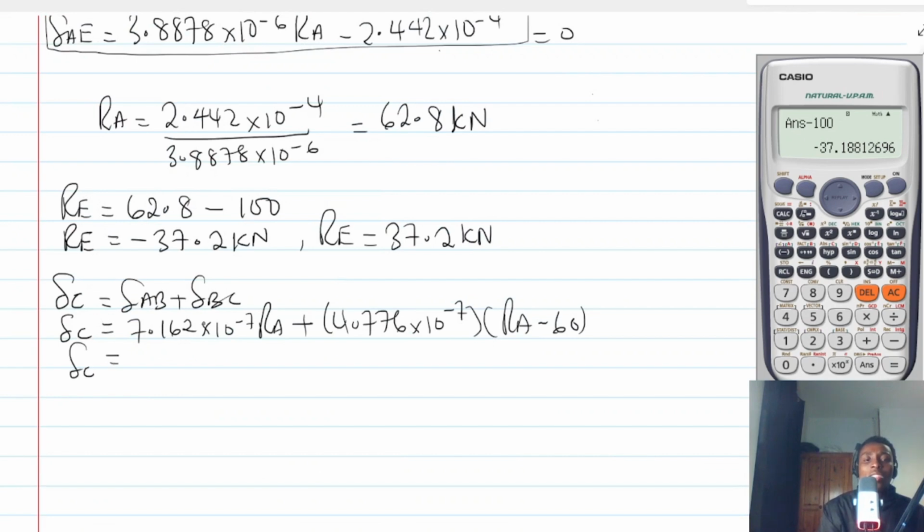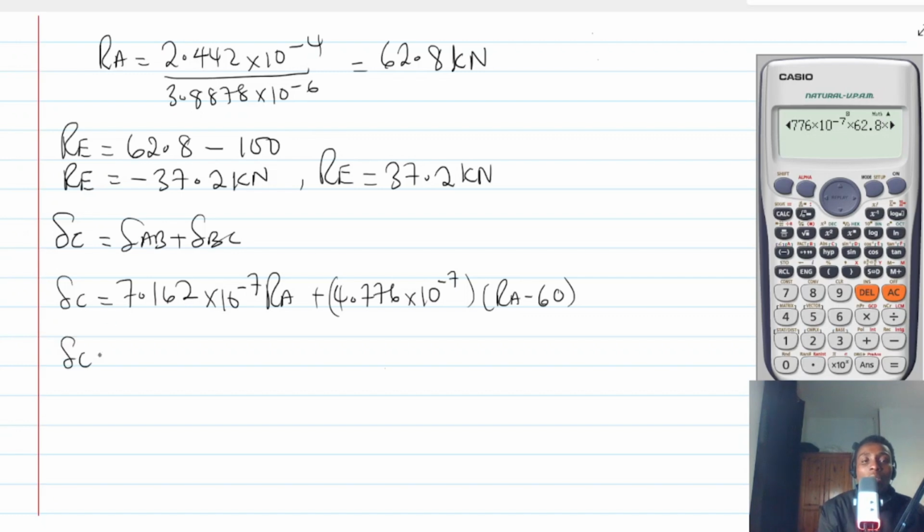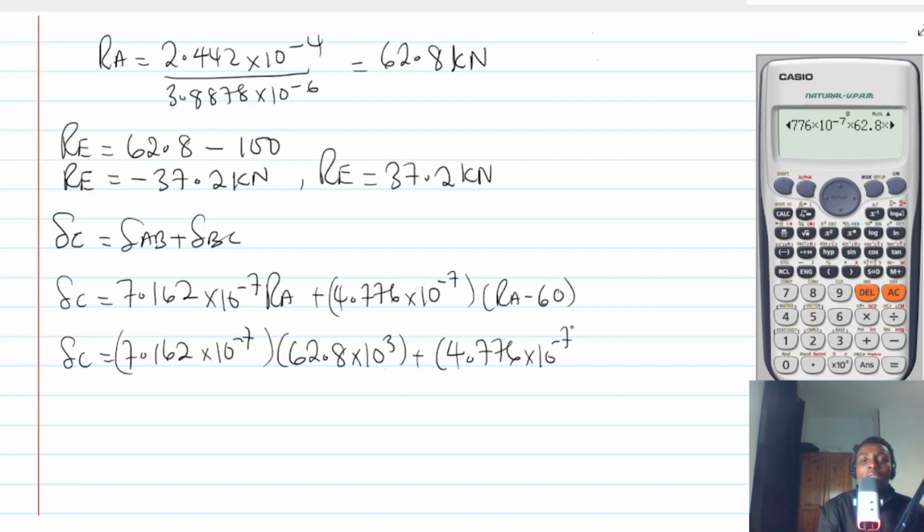If you put everything inside, let's put in the values. 7.162 times 10 to the power minus 7 multiplied by RA, which is 62.8 kilonewtons, times 10 to the power 3, plus 4.776 times 10 to the power minus 7 times RA, 62.8 times 10 to the power 3, and then minus 60. The 60 there is also in kilonewtons, so 60 times 10 to the power 3.